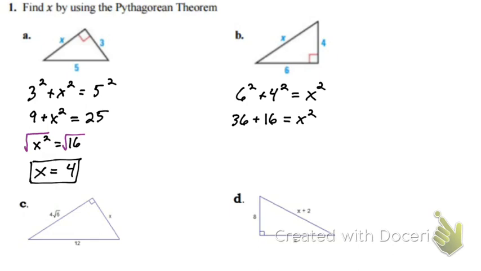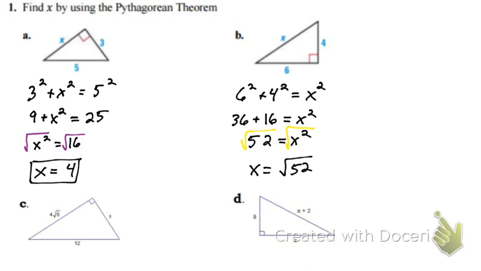Well, this is going to be 52 equals x squared. And I'm going to go ahead and take the square root of both sides. I'm going to flip something really quick. So I'm going to say x equals the square root of 52.